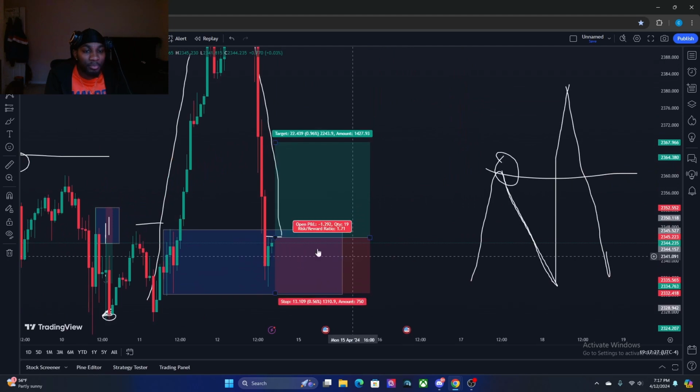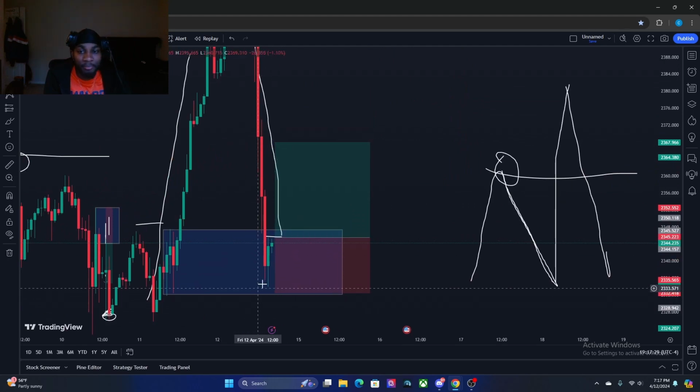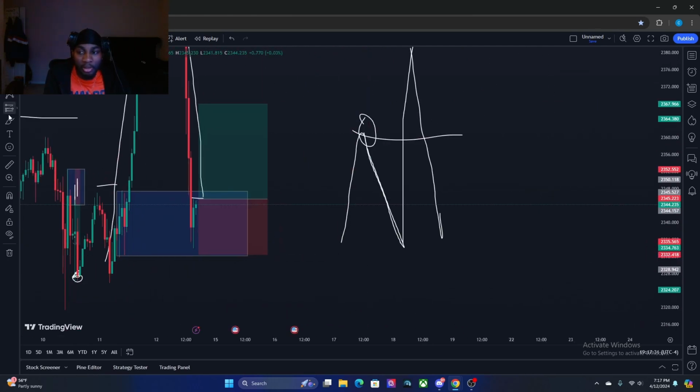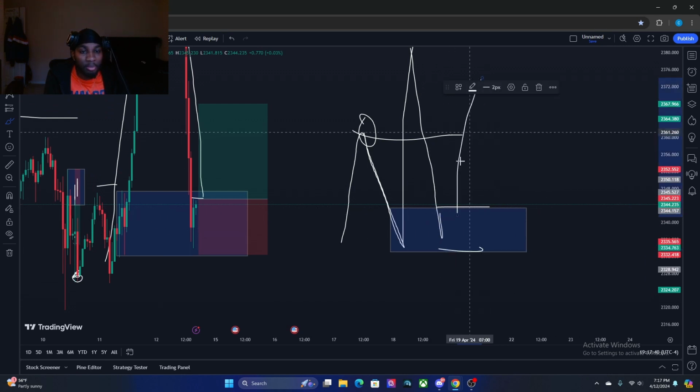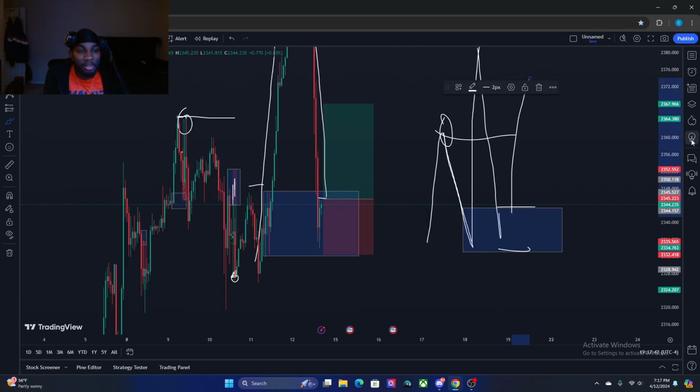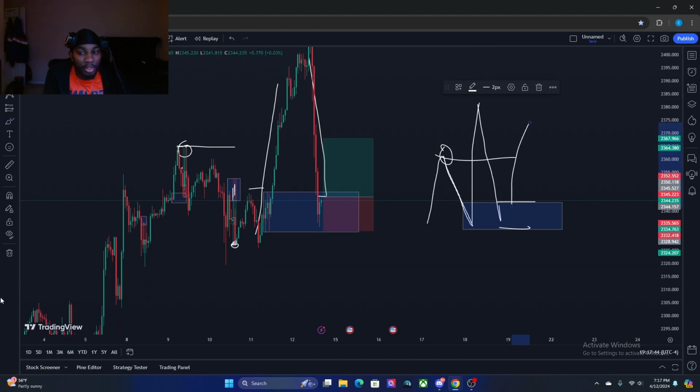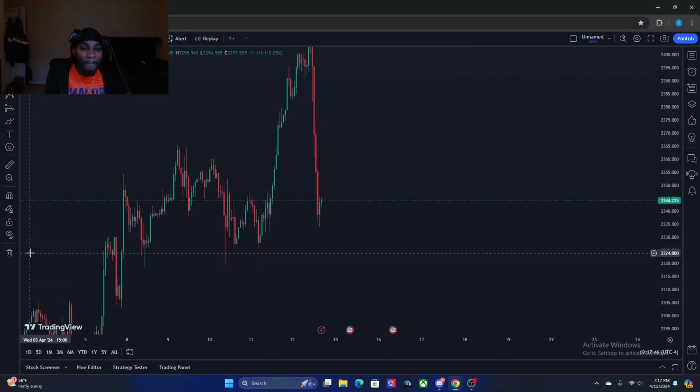So you would have been looking for an entry right here. And as far as how this looks, it's literally this right here. Boom. Now you're just waiting for price to break. Stop loss, boom. That's this right here. Simple enough.